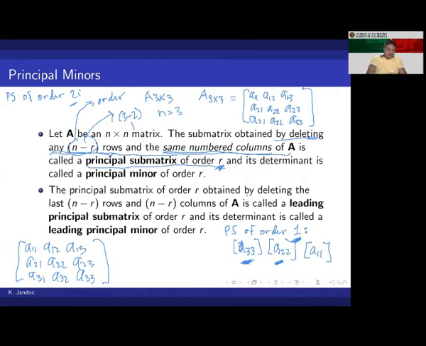So if we delete row 1, we must also delete column 1. So what's the submatrix obtained there? Well, the submatrix obtained there is A22, A23, A31, A32, and A33. Okay, so that's one principal submatrix of order 2. Let's look for another one.